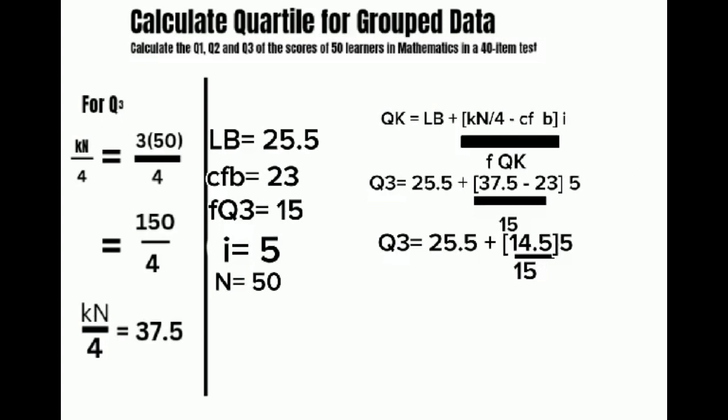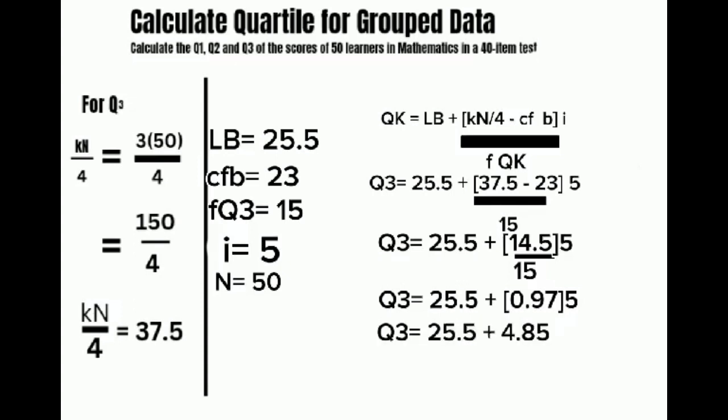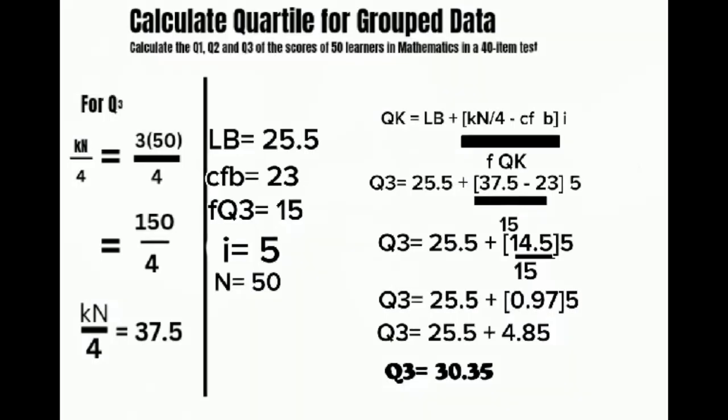Then we divide 14.5 by 15 equals 0.97. And we multiply 0.97 times 5, which is equal to 4.85. Then we add 25.5 plus 4.85 equals 30.35. And that's all.